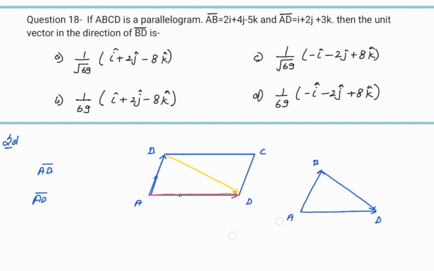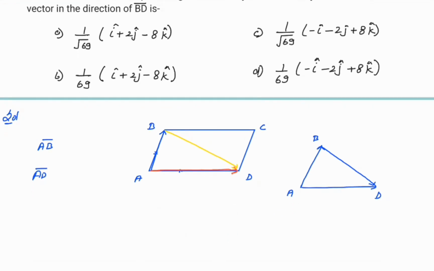If you look, when we have added two vectors using the triangle method, how have we added? This and this, and this is the resultant. Let us consider this is one vector, this is one vector and this is the resultant.